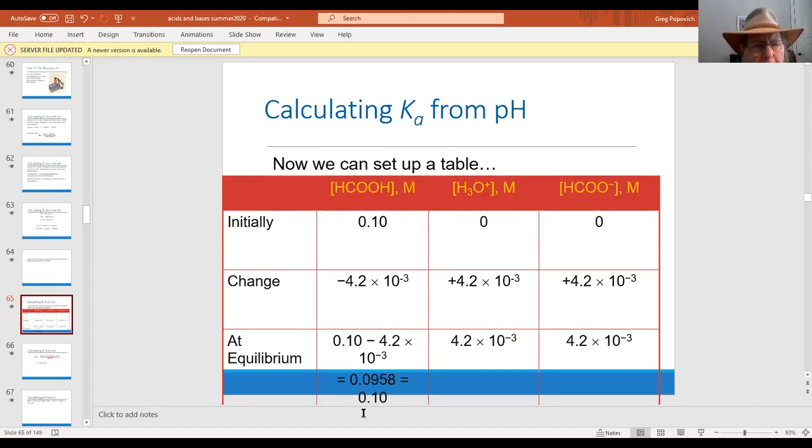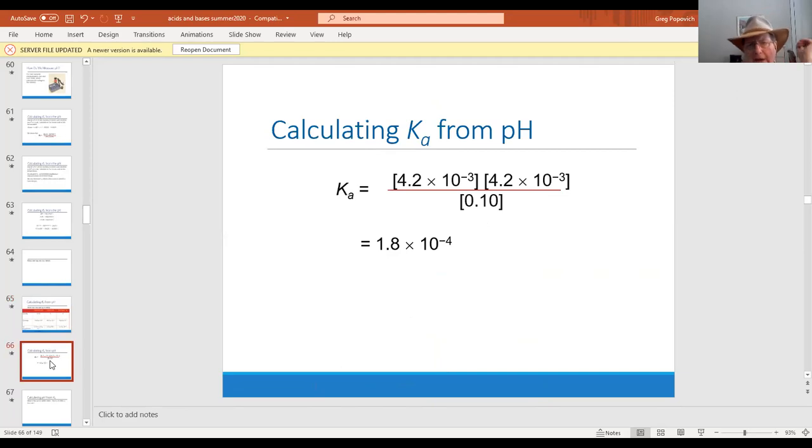This gives me about a 0.10 solution, accounting for significant figures. All I do now is plug all the values into my Ka, and I end up with a Ka of about 1.8 times 10 to the minus fourth. Guys, you're going to get sick of ICE diagrams.